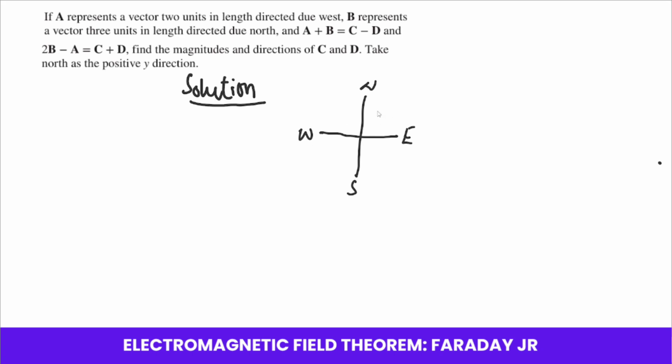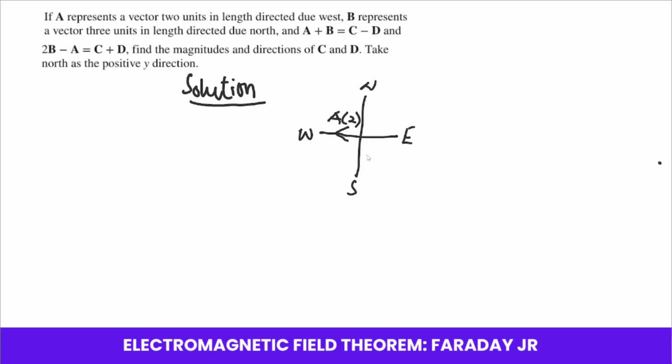Okay, so now the question says our A represents a vector 2 units in length directed due west. So our A is on this vector, and it's 2 units.